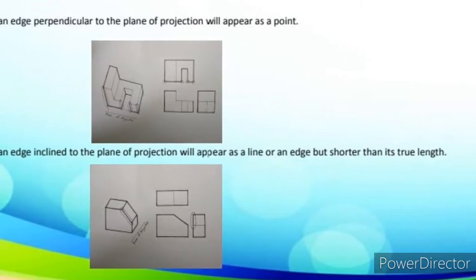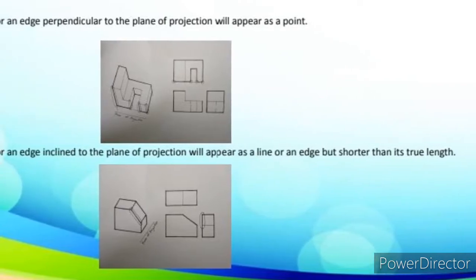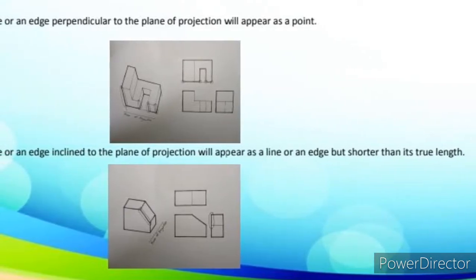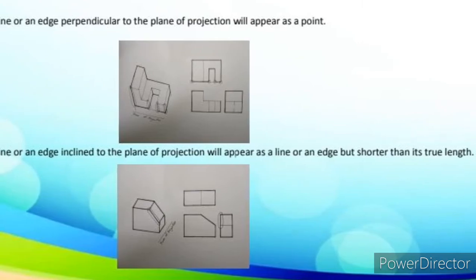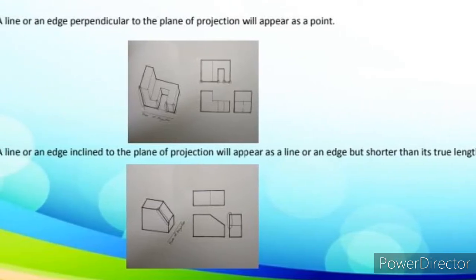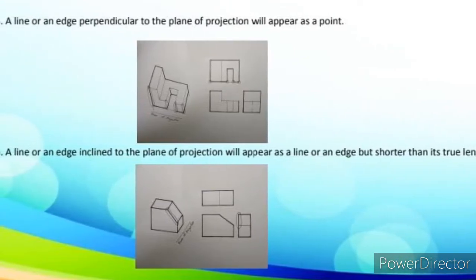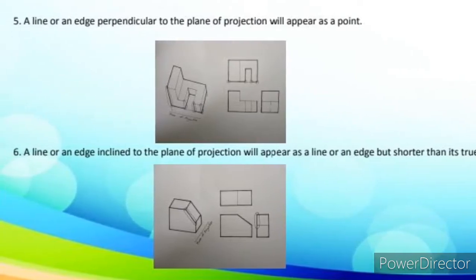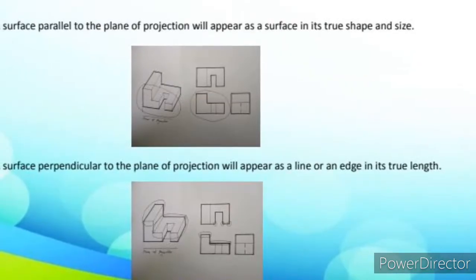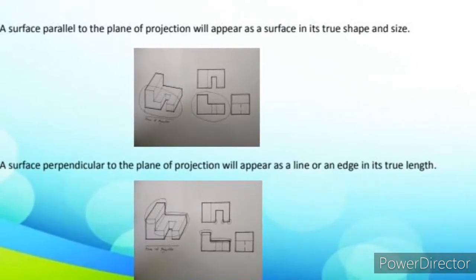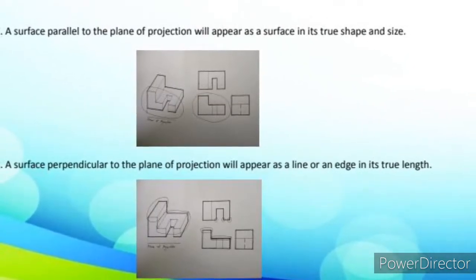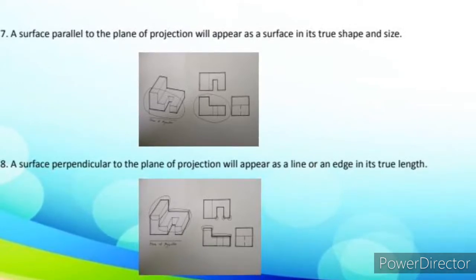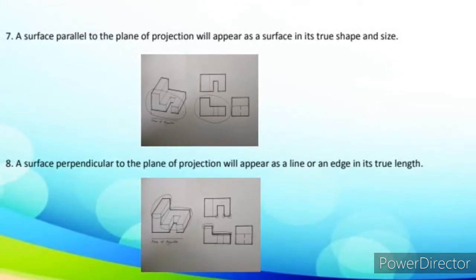5. A line or an edge perpendicular to the plane of projection will appear as a point. 6. A line or an edge inclined to the plane of projection will appear as a line or an edge but shorter than its true length. 7. A surface parallel to the plane of projection will appear as a surface in its true shape and size. 8.